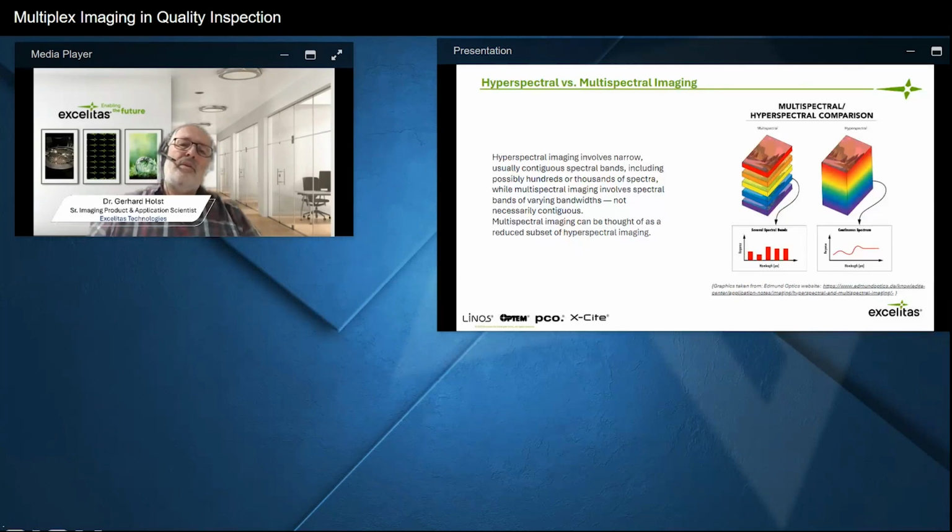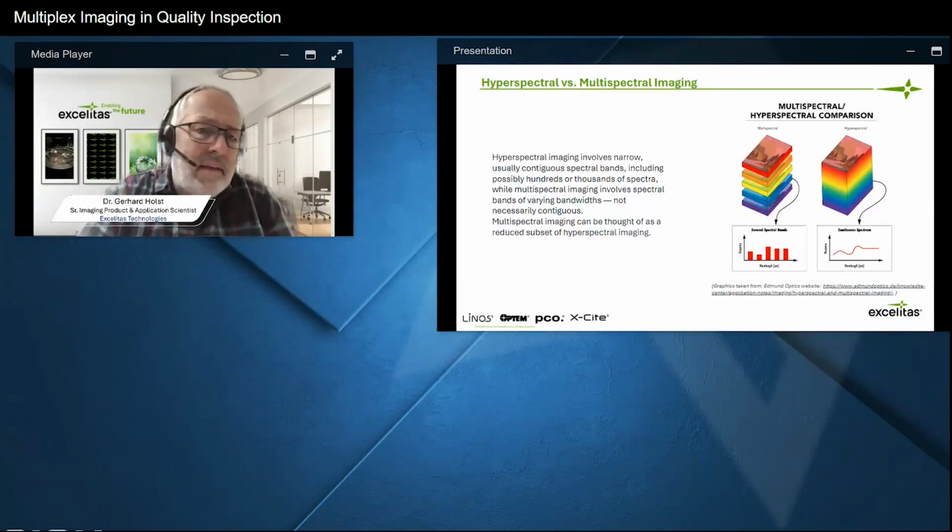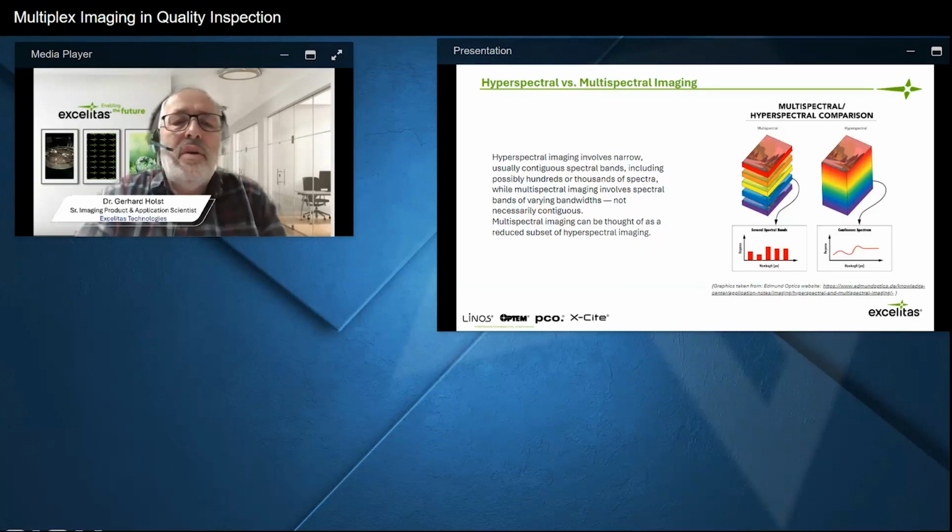Well, if you use these types of cameras for multiplex imaging, then certainly there is a question whether you are doing hyperspectral or multispectral imaging. And the difference is that for multispectral you're not using the whole spectrum, but single responses at certain wavelengths, either defined by illumination or by a proper filtering.